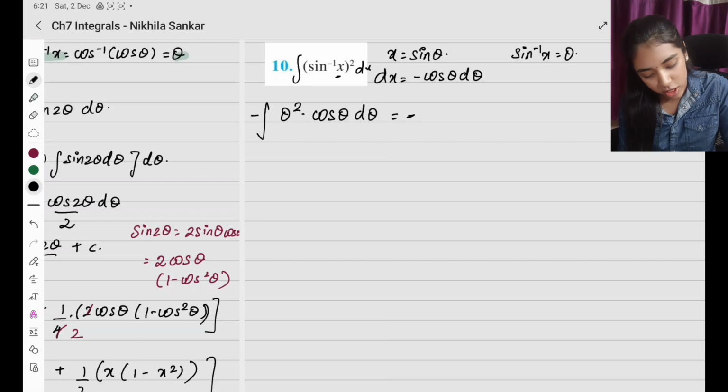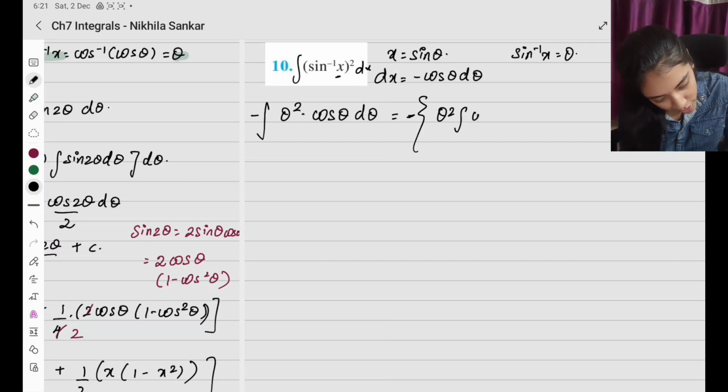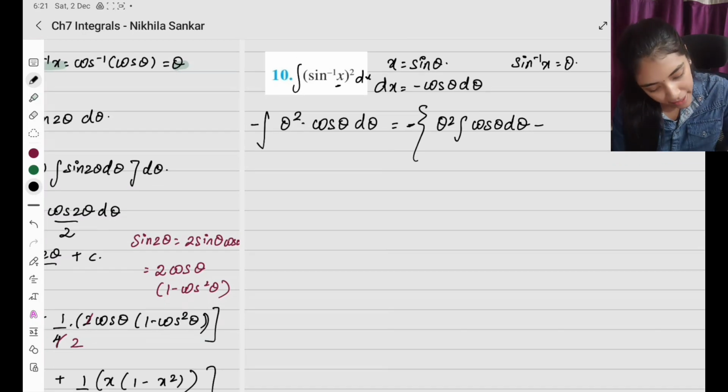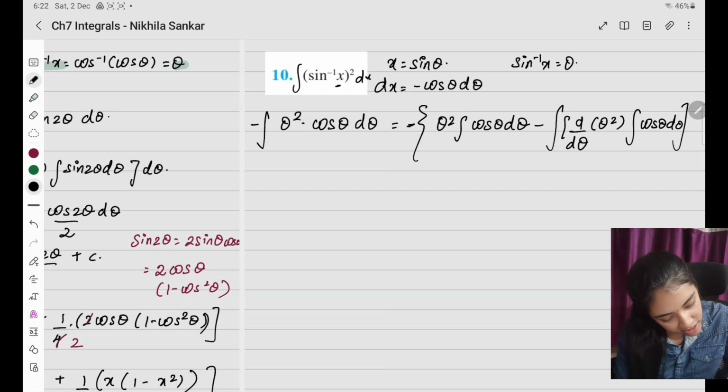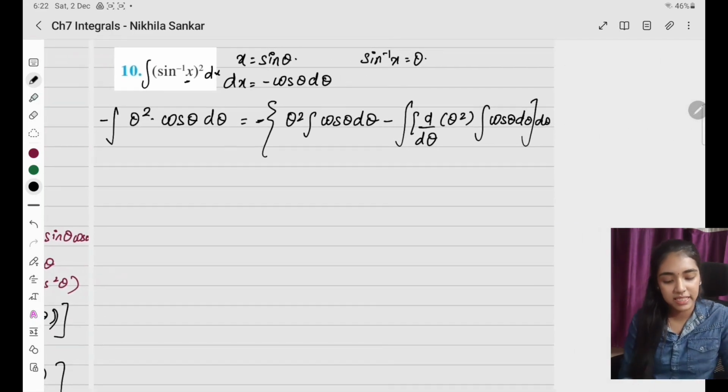Let the minus be common outside. I'll open the bracket. First function, integration of second function minus bigger integral d by d theta of theta square, integration of cos theta d theta, close bracket, times d theta.